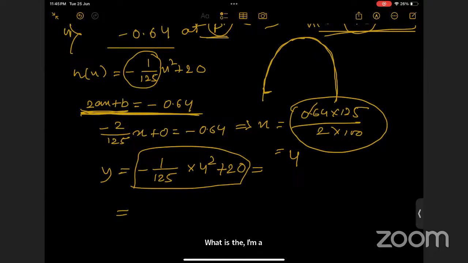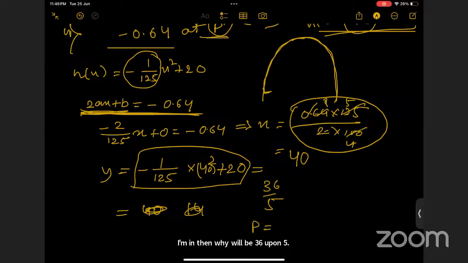Is it 40, ma'am? 14 or 40? 14. And the value of x should be 40 and not 4. It's 40. So the value of y? Then y will be 36 upon 5.